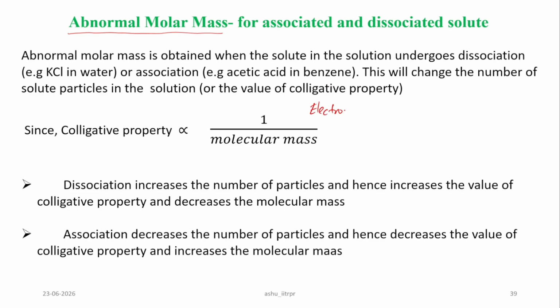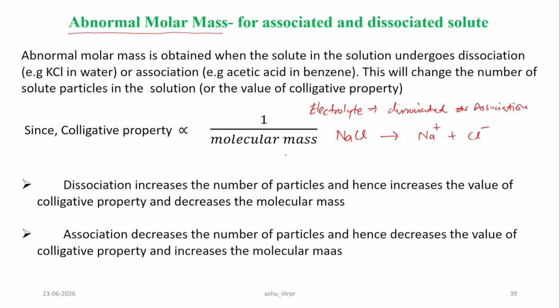Like we all have read in the equilibrium chapter in class 11th, electrolytes are the substances which either dissociate or associate when they are dissolved in any solvent. Take the example of NaCl. When it is dissolved, it will have Na plus and Cl minus ions.